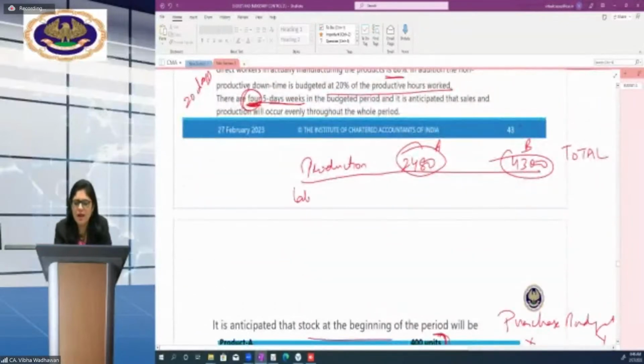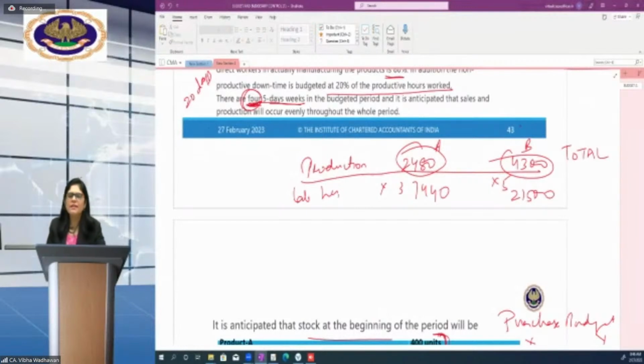So labor hours required into 3 and into 5. So 2480 into 3 is 7440, and 4300 into 5 is 21,500. So these are the labor hours required, right?